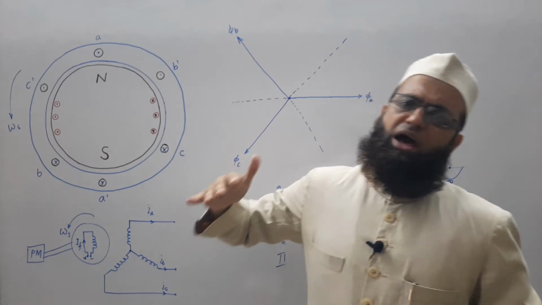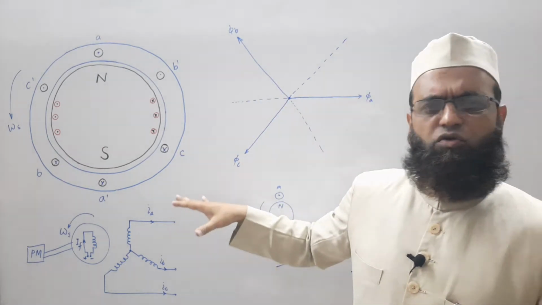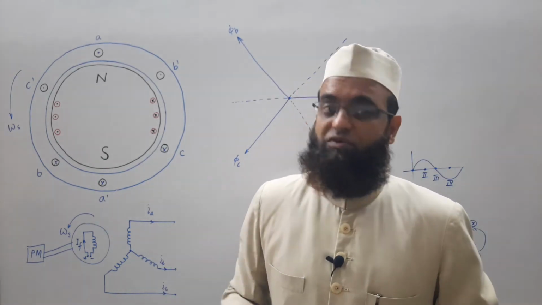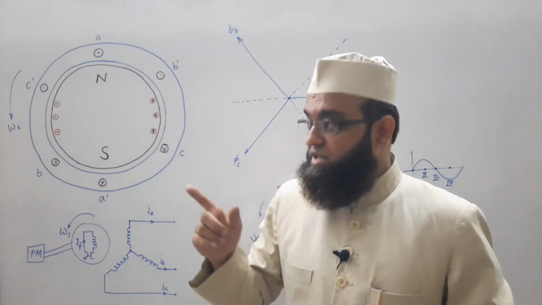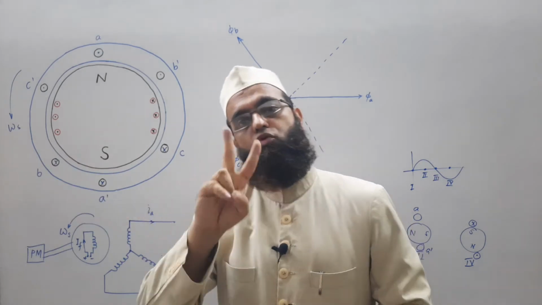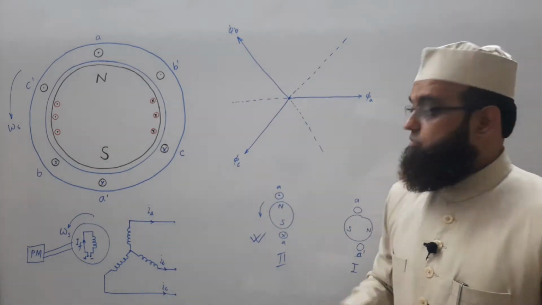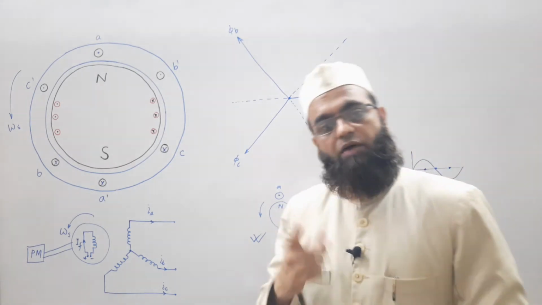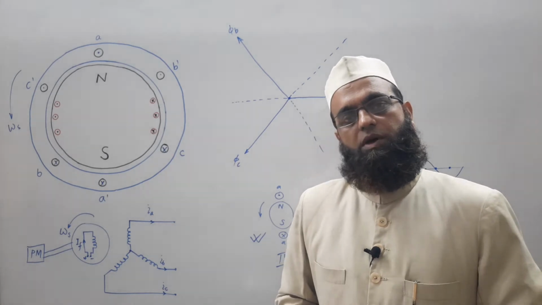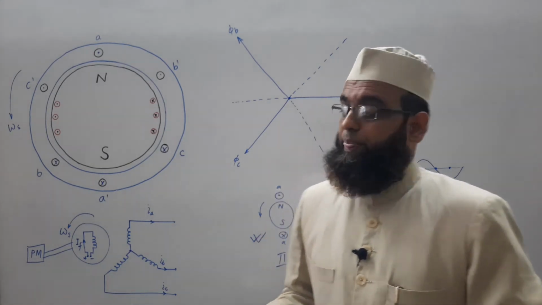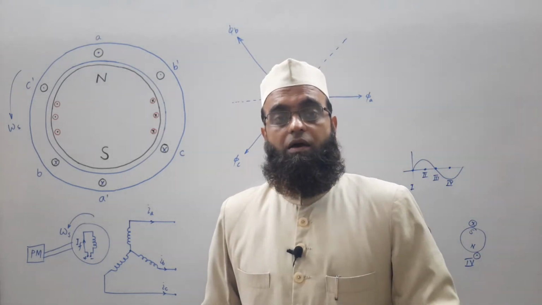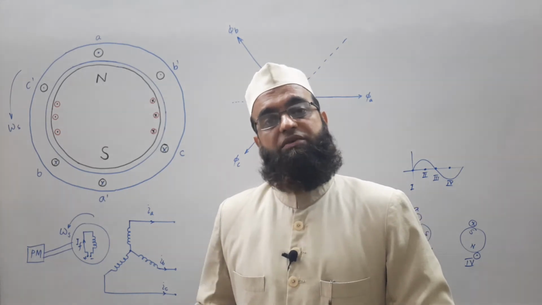Then another field, a stator field or armature field, rotating with the same speed as that of the rotor, that is synchronous speed, in the same direction. So we have two fields now once load is connected. If load is not connected, we have only one field, the rotor field. But once load is connected, we have another field, the armature field, rotating at the same speed in the air gap in the same direction.